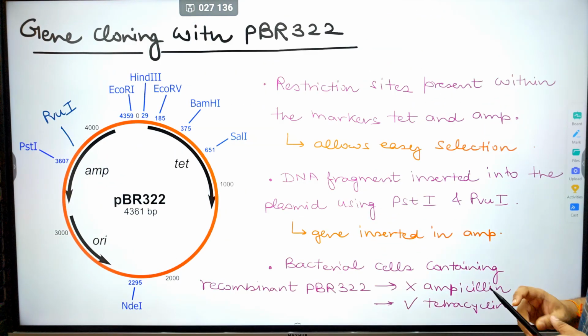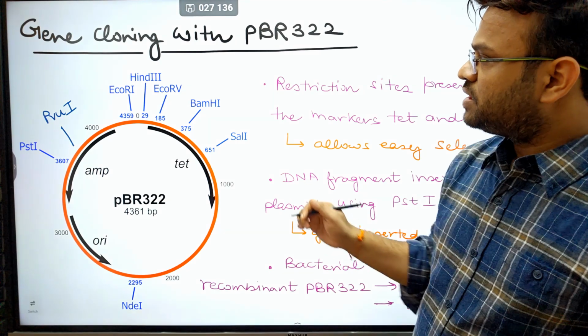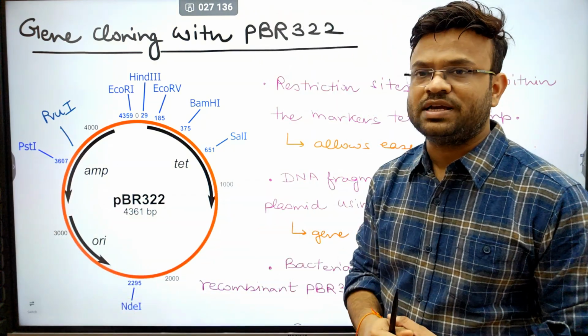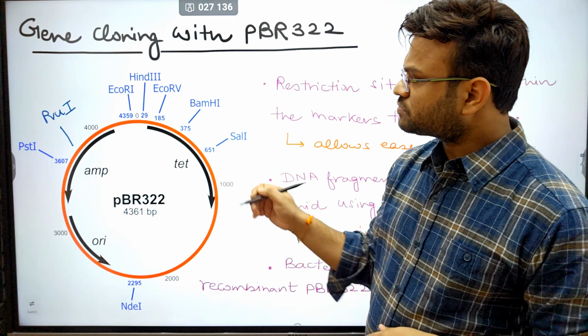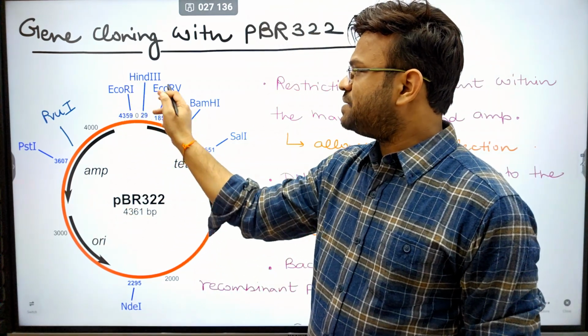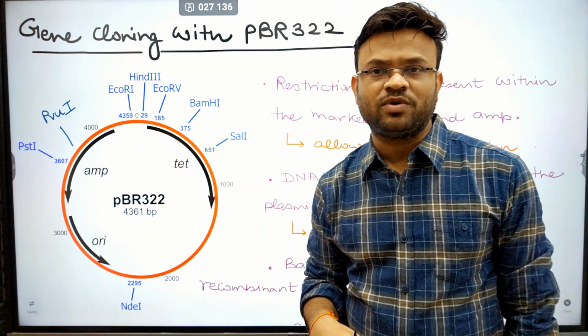Now, let us move forward and talk about the structural features of pBR322. Now, this is the diagrammatic representation of pBR322, and this is how basically it looks like. Now, if you can see, these are the restriction enzymes that are present over here, and these are the numbers at which base pair it would be cleaving.